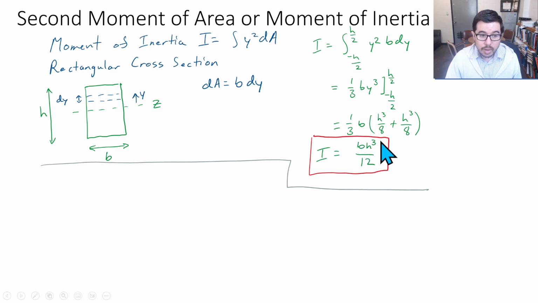This final form, I equals bh cubed over 12, is boxed for a reason, because this is, if not for the course, just as you're walking around in the street and you see a beam, you're like, oh yeah, that I for that beam, even though it's not an I-beam, is bh cubed over 12.